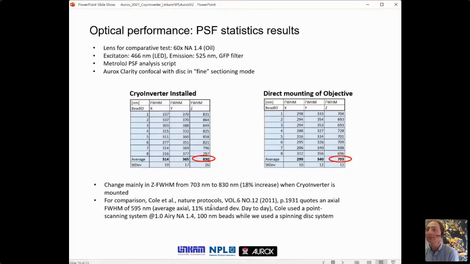And our numbers compare very well. This is the spinning disk system from Aurox, the Clarity, but it also compares very well with the data shown in the Cole paper for point scanners. So that was a very encouraging result.